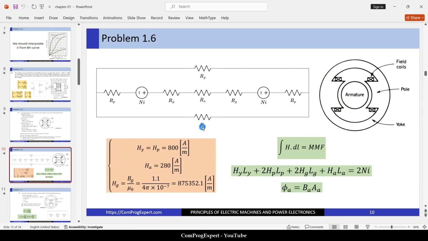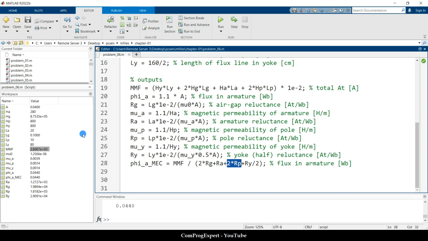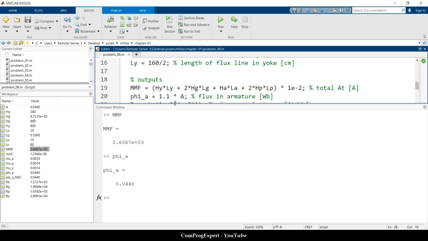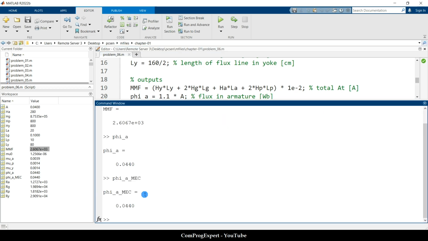These two are in parallel. So here you can see the value of the phi A, the flux in armature calculated by the magnetic equivalent circuit. That is the same.